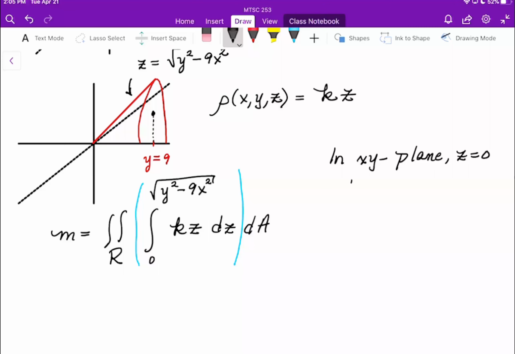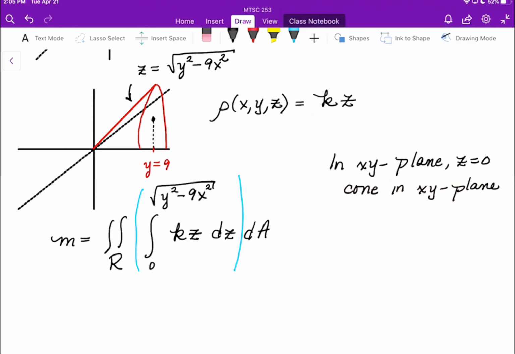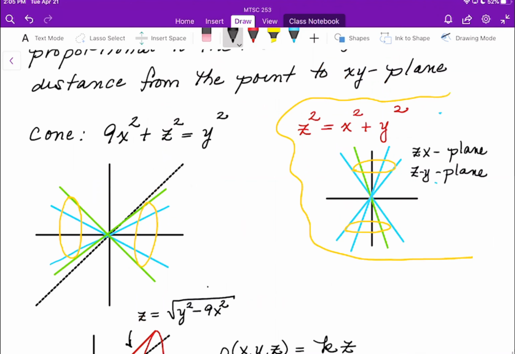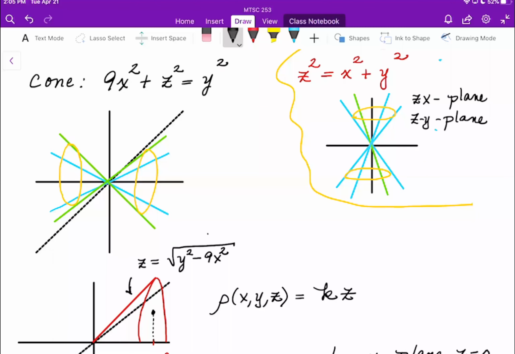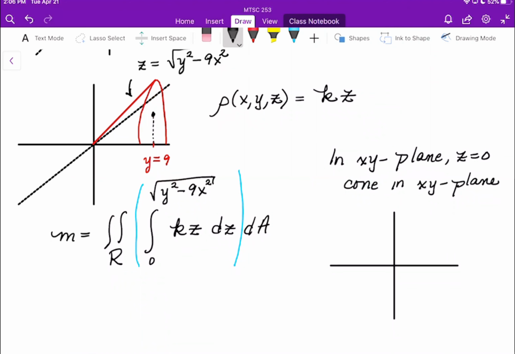So what is the cone in the xy plane? The cone is hitting it as such. So you have y is equal to 9x squared. So those are lines.